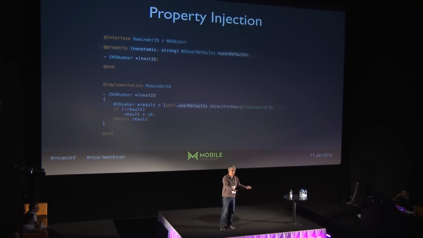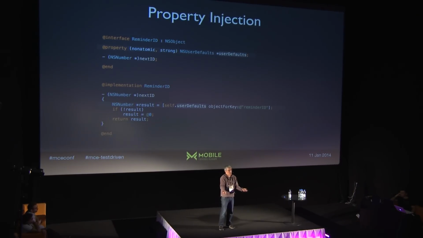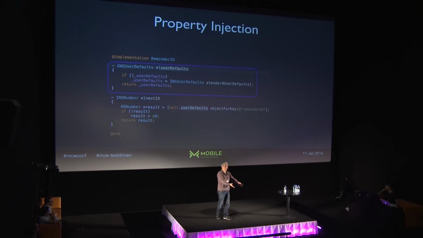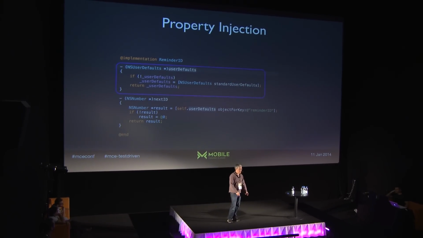And for example, with user defaults, it's not like you're going to write your own user defaults probably. You're just going to use Apple's, right? So anytime you call down to something at basically the Apple framework layer, you can provide your own getter for that property, which does lazy evaluation.